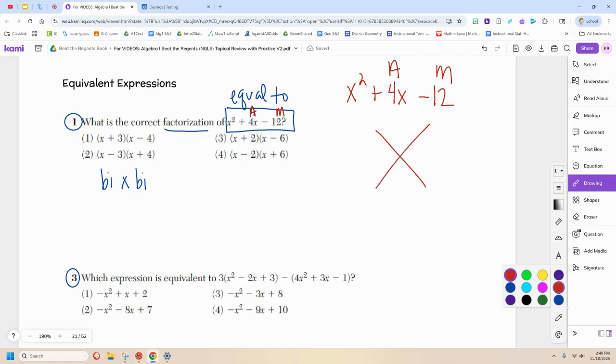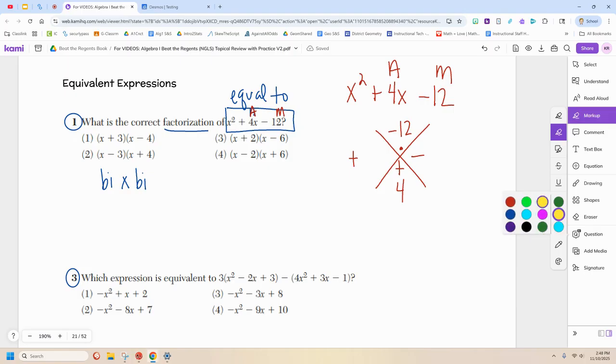So I set up my magic x, and I want to multiply to make negative 12. And to multiply, I need a positive number and a negative number. And I want to add to make positive 4, which means the larger of the 2 factors has to go on the positive side. So it has to go over here, okay, because this is positive.